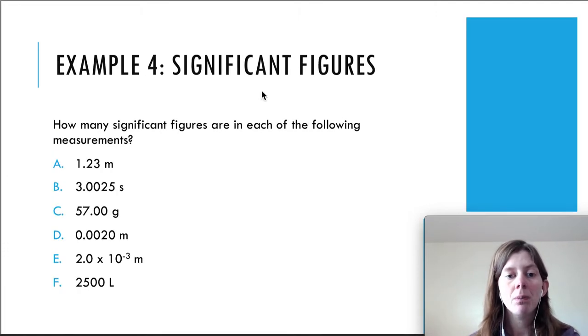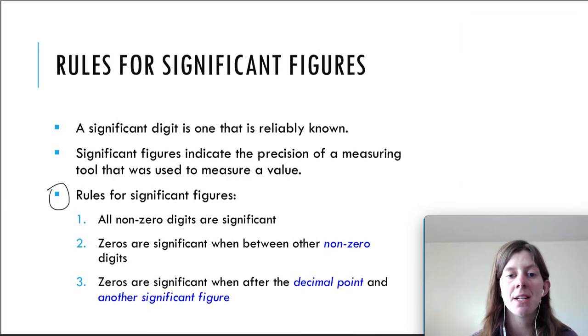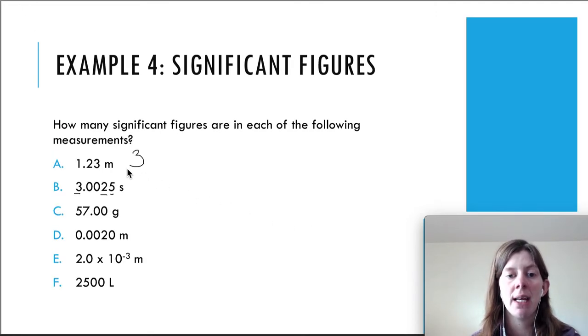So example A, these are all non-zero, so they're all significant, so you'd have 3 sig figs. The next one, the non-zero numbers are all significant, and then the zeros satisfied rule number 2 that said they were between other non-zero digits. So that means they're significant as well, and that's 5 sig figs.